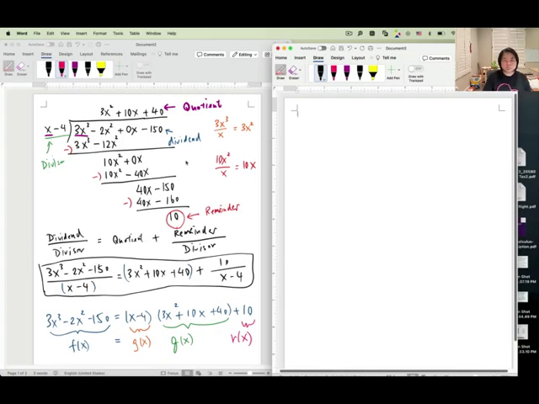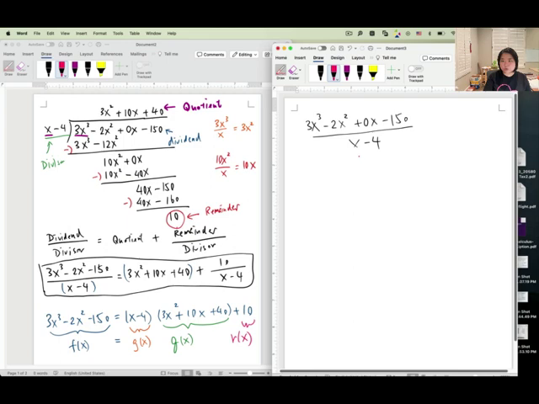This is the method using long division, and now we want to use synthetic division on the same problem. So I have 3x cubed minus 2x squared plus 0x minus 150 over x minus 4.